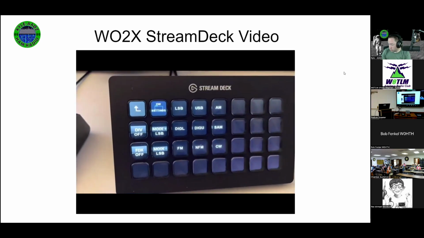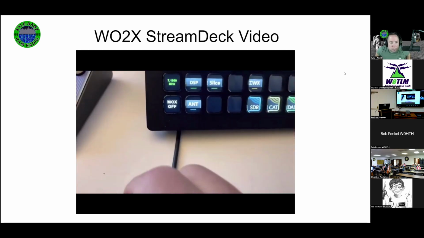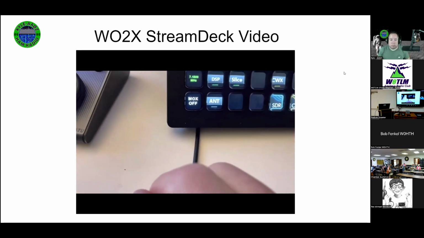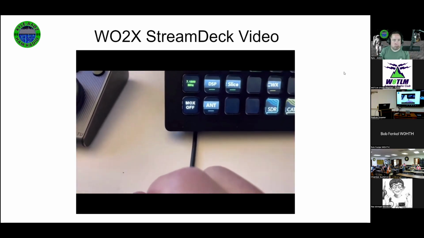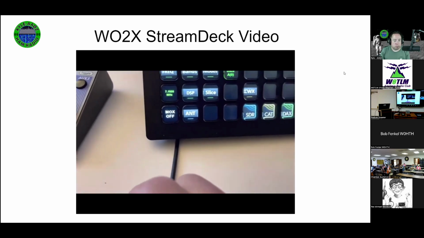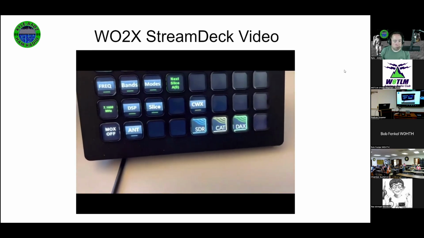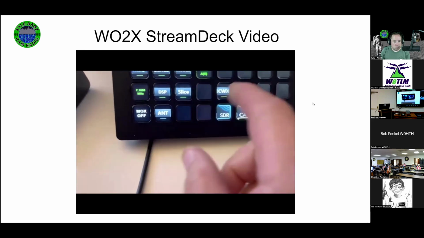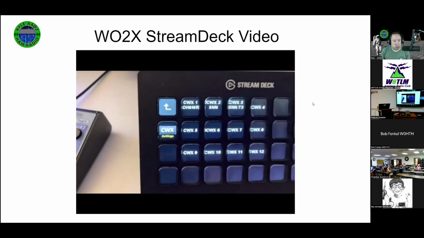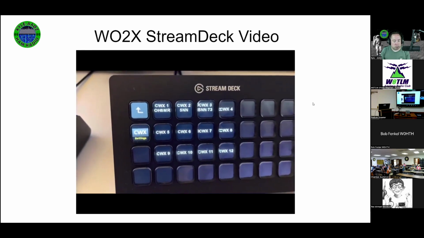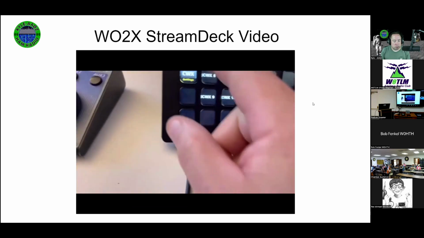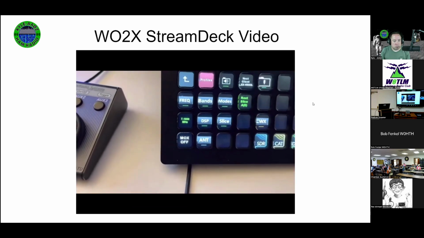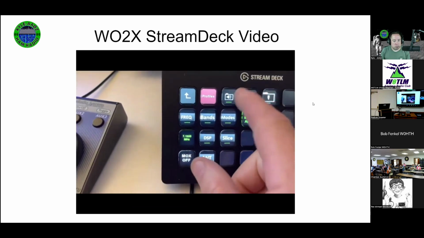Modes gives quick access to the modes. And there's DSP, slice, antenna, MOX on, MOX off. I can launch SmartSDR, CAT, and DAX manually. CWX brings up a bunch of different CWX items that I have programmed in right now. And then volume settings.